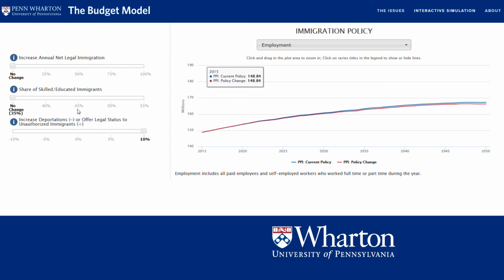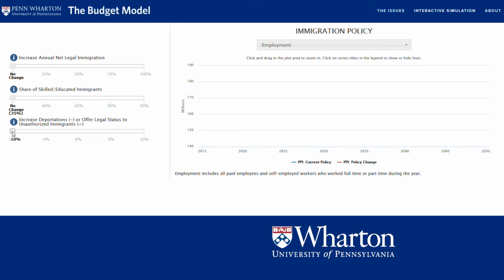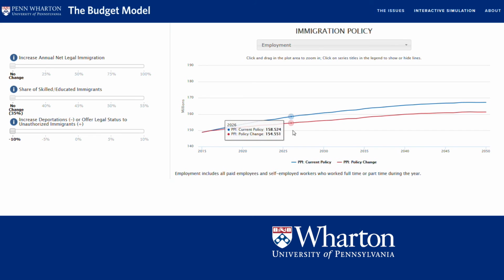Now let's think about what happens when we go the opposite direction, where we start deporting at, say, 10% per year. Within a decade, all the unauthorized immigrants would be deported. Now notice the impact on employment is much more negative. And the reason behind that is that we're losing people.